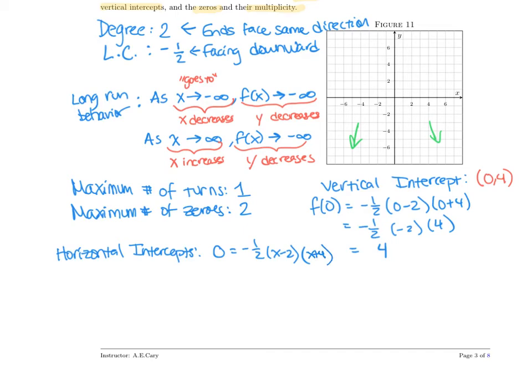Oh, okay, that kind of ran into my vertical intercepts, sorry. So I need to know, hey, when is this going to be 0? Well, it's when each of our factors are set equal to 0. So we can say f of x is equal to 0, or the whole equation is equal to 0, when x minus 2 is equal to 0, and x plus 4 is equal to 0.